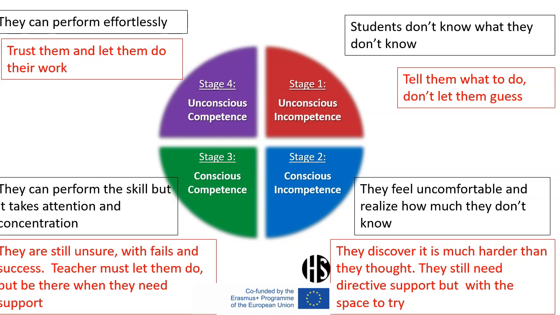For the teacher, they are still unsure, with failure and success. You must let them do, but always be there when they need support. And the fourth stage is unconscious competence, when they can perform. This is expert level. Of course, they can perform consciously, but trust them and let them do their work.